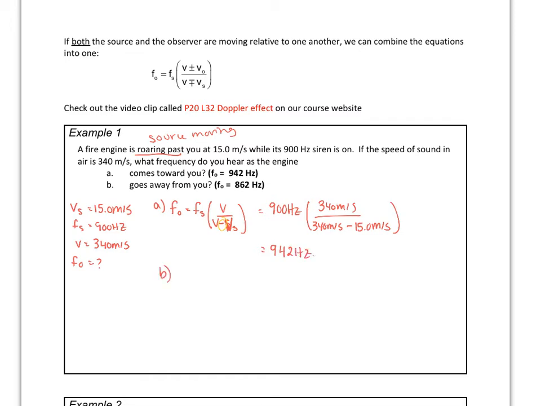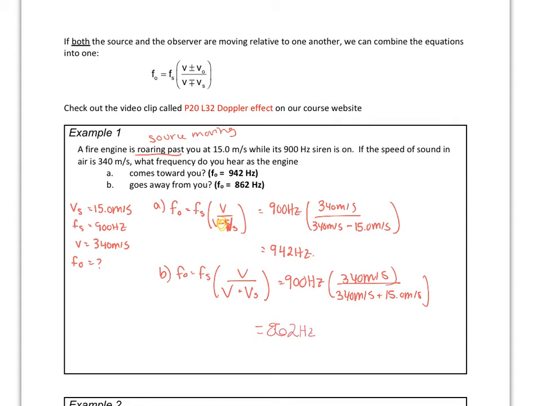Now, if this fire truck is moving away from us, the sign of vs changes. So we're going to get f0 is equal to fs v all over v plus vs. So subbing in again, same thing, just a different sign, we end up with 862 hertz, so much different.